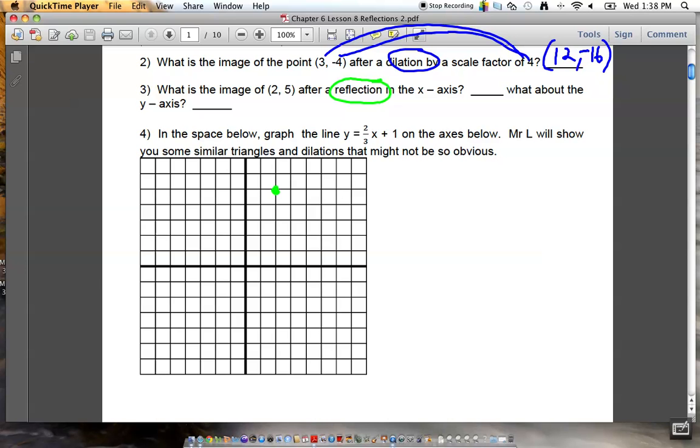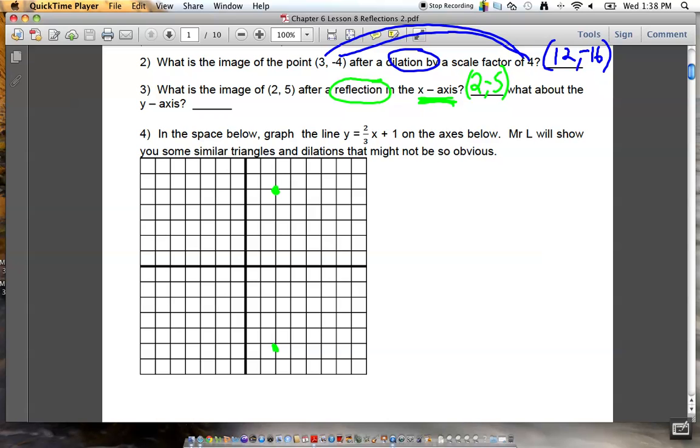What are the 3 words you have to remember about a reflection? Something and something. Count and repeat. Very good. So first it wants us to go over the x-axis. This is the x guy. 1, 2, 3, 4, 5. Then what do I do? 1, 2, 3, 4, 5. So 2, 5 becomes 2, -5.